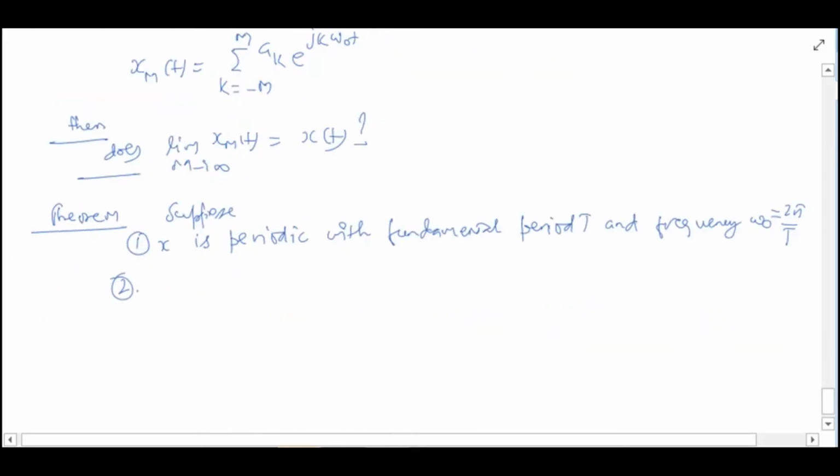And the second hypothesis is x is piecewise continuous with piecewise continuous derivative.